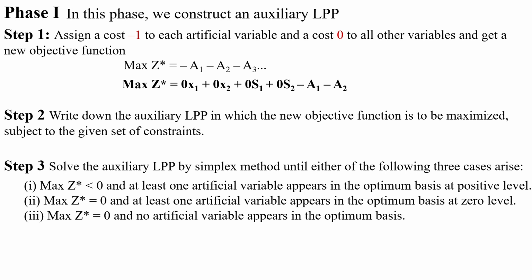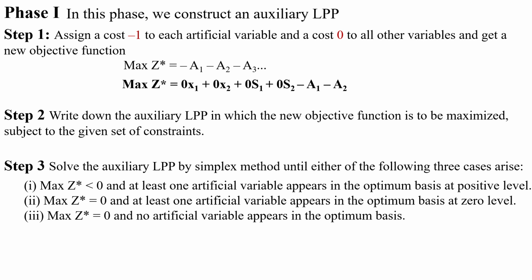Second case: maximum z* equals 0 and at least one artificial variable appears in the optimum basis at zero level. Third case: maximum z* equals 0 and no artificial variable appears in the optimum basis.